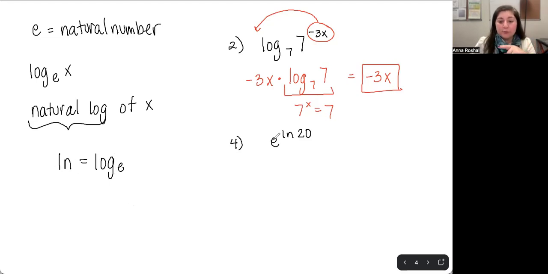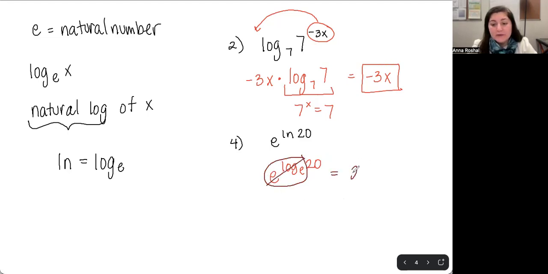Why is this relevant for problem 4? It's relevant because I can actually rewrite this as, and let me change my color so that we have a difference, e to the log base e power of 20. And then I have this whole business here that can cancel out, and my solution will just be 20.